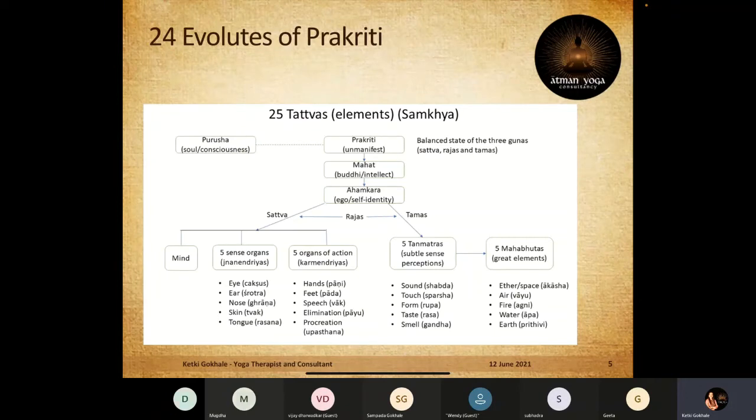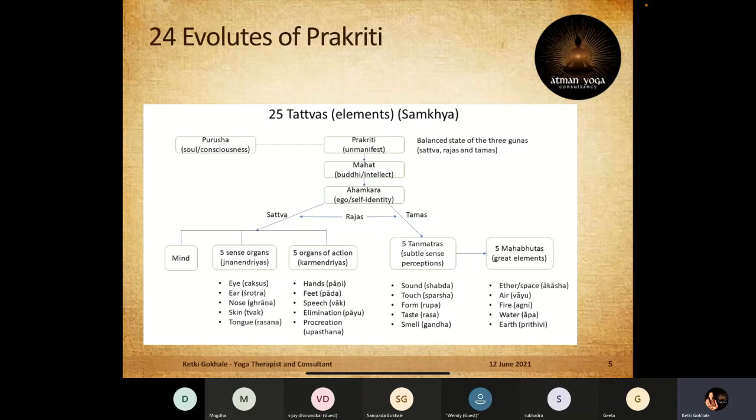Okay. Then the next manifestation of prakriti is the ahankara, the self identity. It is where consciousness starts to take on false identities. We can say that ego or the ahankara is the capacity to take on countless identities.